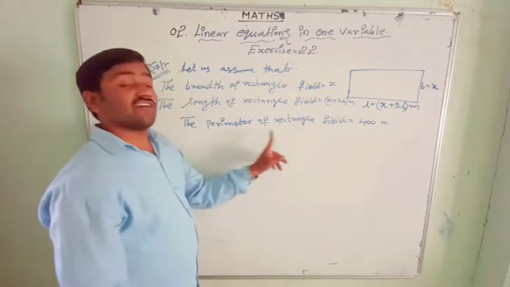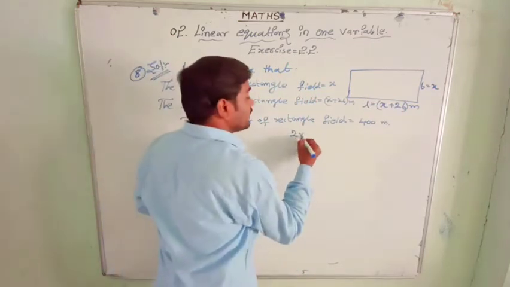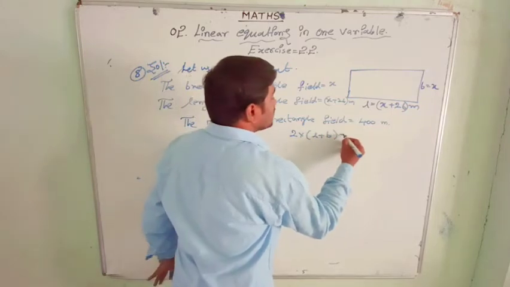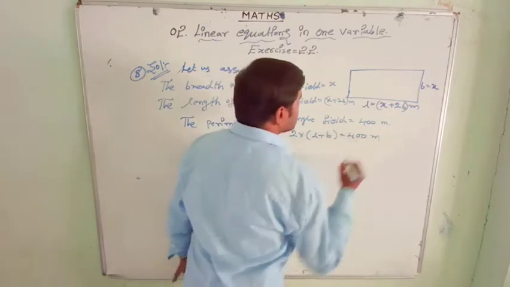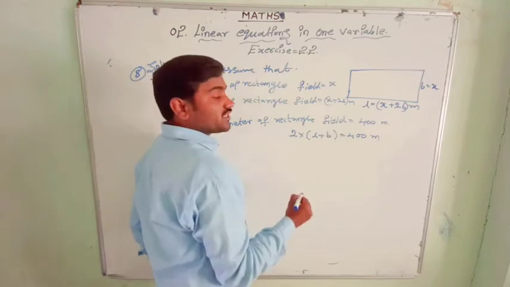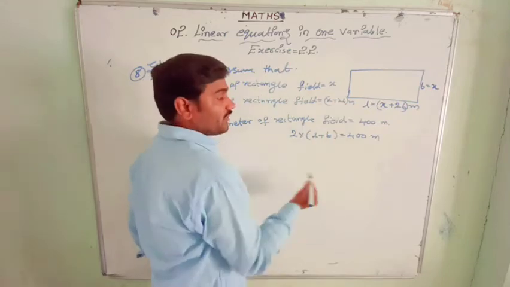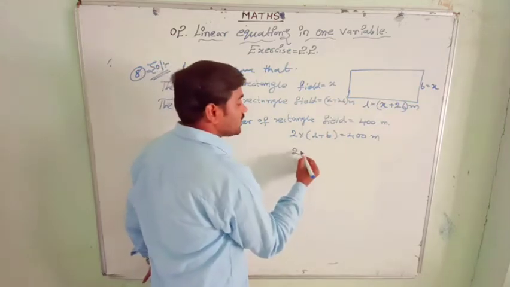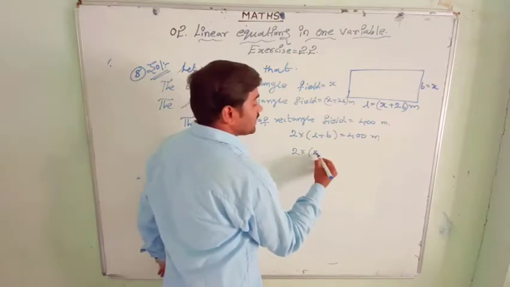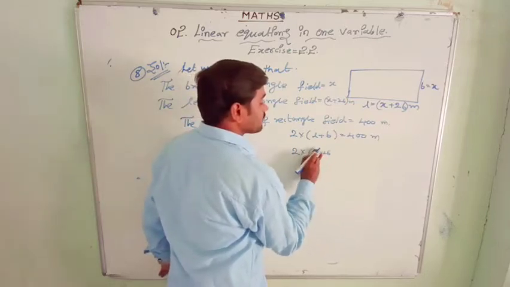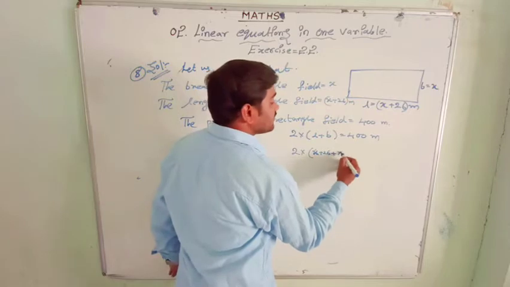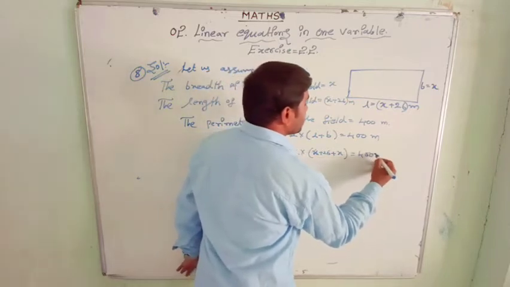Then what is the perimeter of rectangle formula? That is 2 into L plus B is equal to 400 meters. Here the L value is x plus 26, and the B value is x. If you substitute, you will get the answer. 2 into x plus 26 plus x equal to 400 meters.